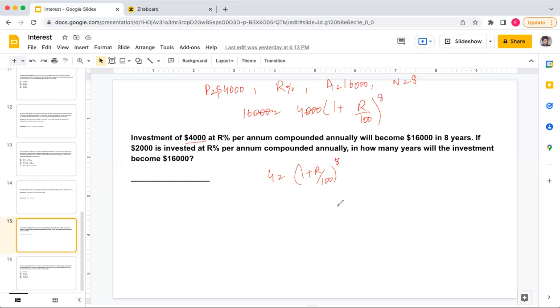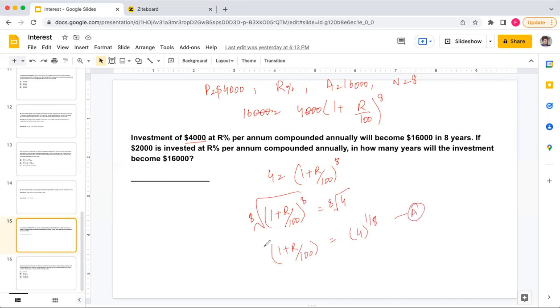And if I take the 8th root on both sides, this will become 1 plus R over 100 equal to 4 power 1 by 8, right?